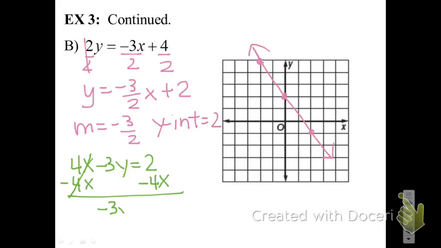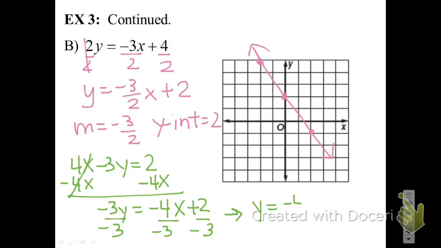You get -3y equals, and I always put my x first, -4x plus 2, and then you'll divide by -3 to isolate that y. And that will leave you with the equation y equals -4/3 x plus a negative, or just -2/3. And from there you can pick out your slope and intercept to graph.